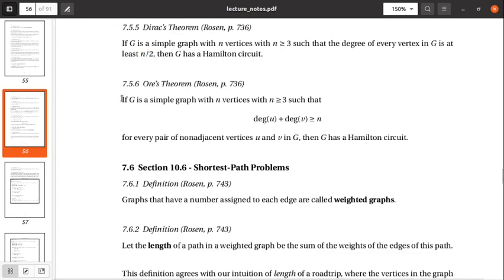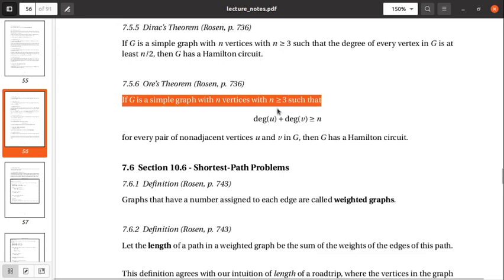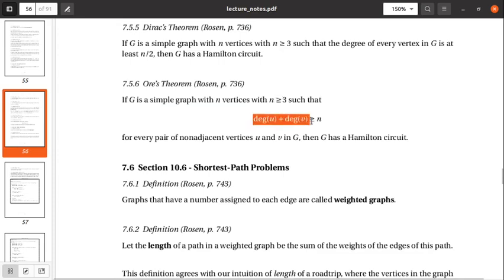Okay, Ore's theorem. If G is a simple graph with n vertices, where the number of nodes is at least 3, such that the degree of U plus the degree of V is greater than or equal to n for every pair of non-adjacent vertices U and V in G, then G has a Hamilton circuit.